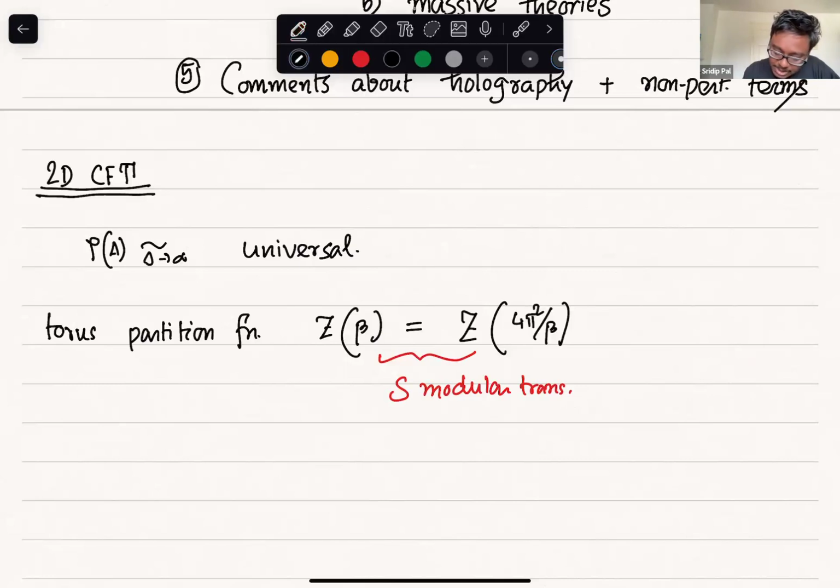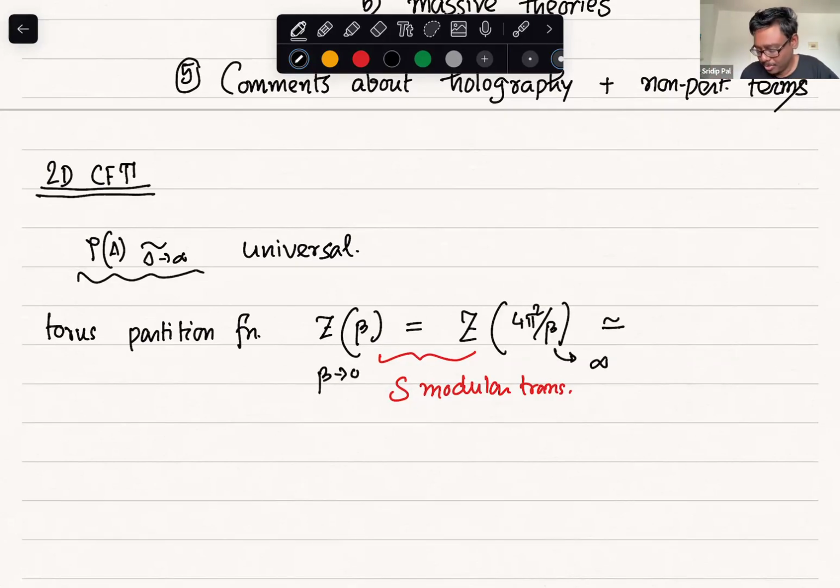And then the point is that the density of states here is controlled by the high temperature limit. So I should be taking the beta going to 0 limit of this expression. And here, if I take beta going to 0, the 4 pi squared over beta goes to infinity. So on this side, everything is controlled by the vacuum.